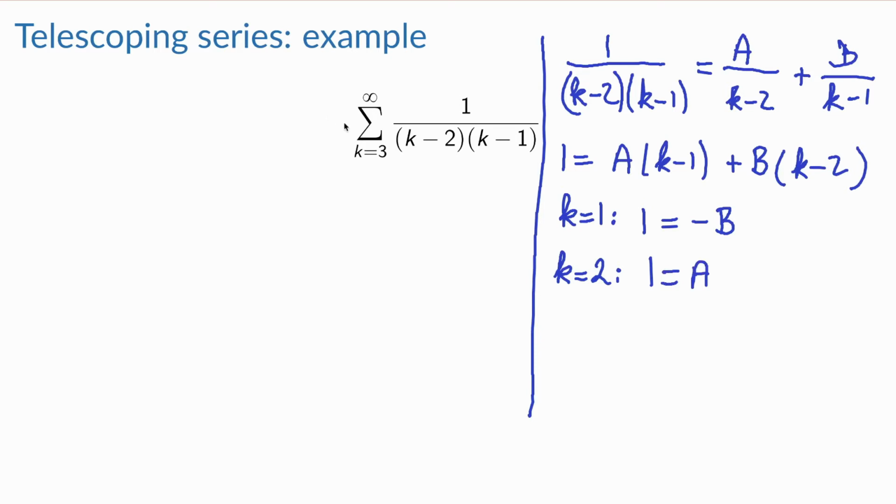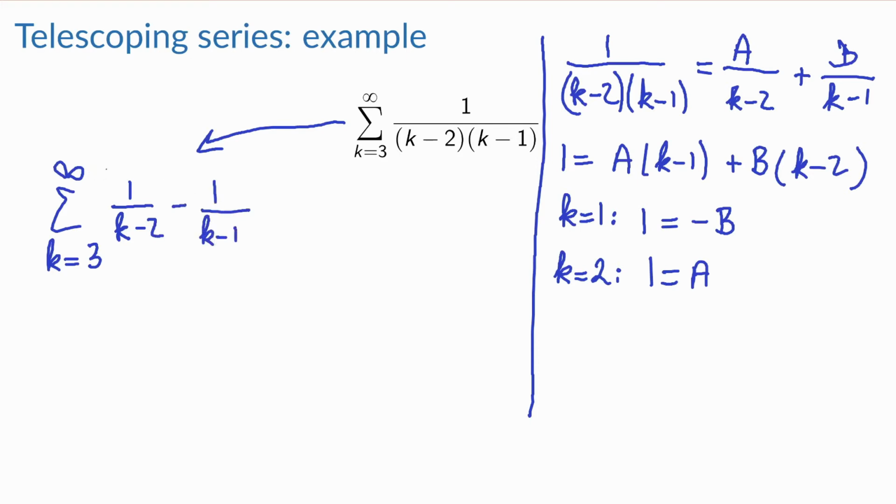So my sum is the sum from k equals 3 to infinity of, since a is 1, 1 over k minus 2 minus 1 over k minus 1.